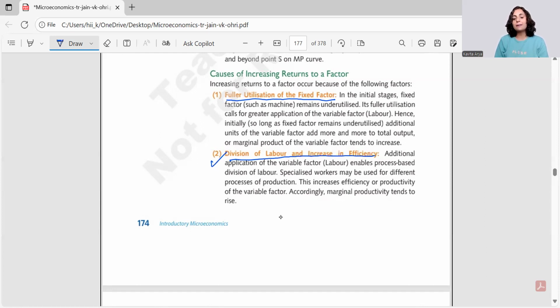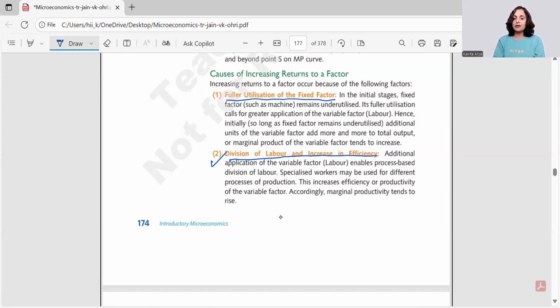Then we talk about division of labor and increase in efficiency. What does it mean? Division of labor means that with the repetition of work done by one person, the efficiency always improves. If one person does 10 types of jobs, he would not be the master. But if one person does one type of job repeatedly the whole day, he would attain perfection.